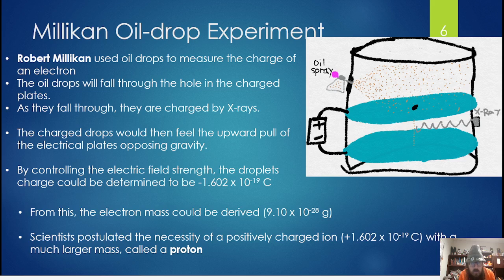And so they knew that 9.1 times 10 to the negative 28th is much too small to account for all the mass, so the proton must therefore be much heavier than the electron.